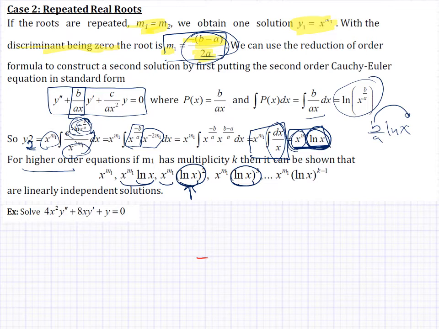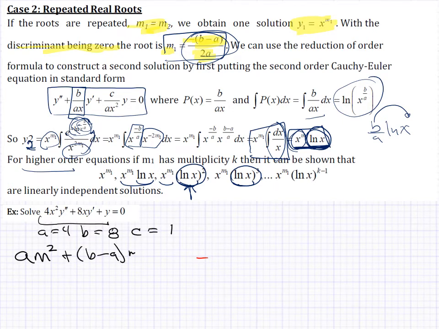Okay? So in this example here, fairly simple. We have a Cauchy Euler. We have an a of 4, a b of 8, and a c of 1. So if we use the auxiliary, am squared plus (b minus a)m plus c equals 0, we would get 4m squared plus (b minus a) would be 4m, plus 1 equals 0.